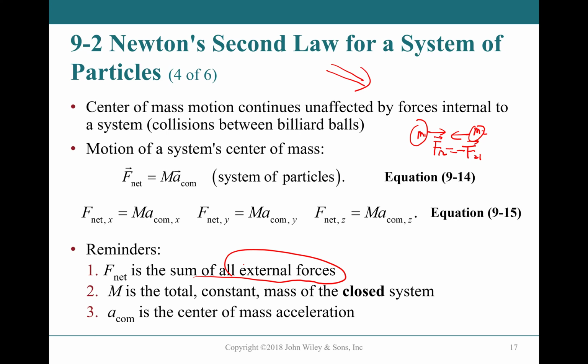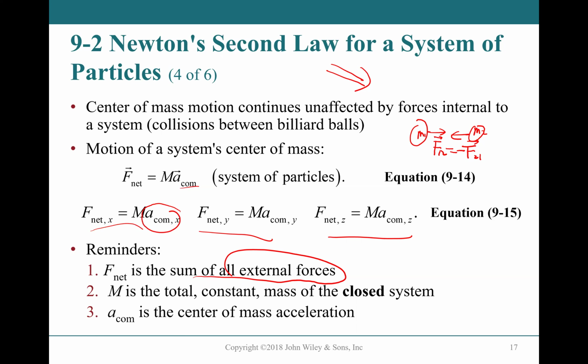And apply Newton's second law to the center of mass, then F net will be equal to M A COM. So this is the acceleration of the center of mass. And the x direction, y direction, and z direction, they are the same. So M is the total constant mass of a closed system, and A COM is the center of mass acceleration.